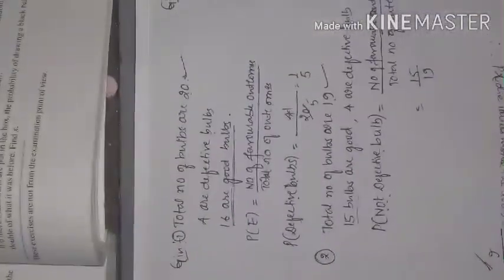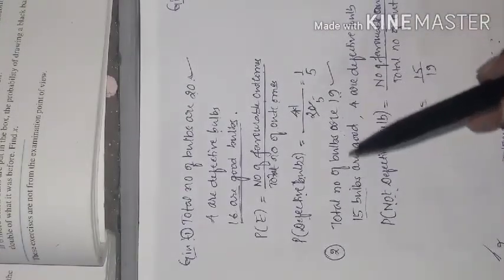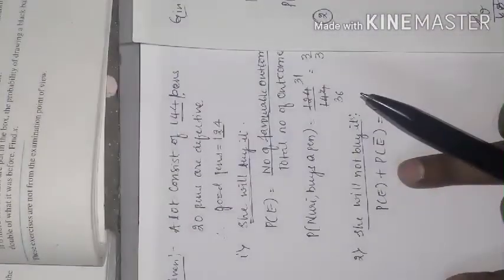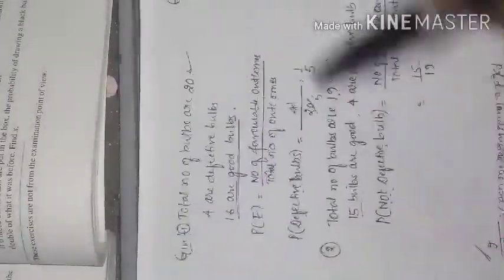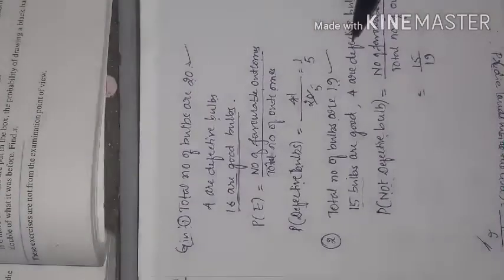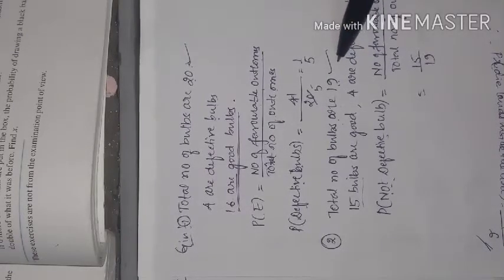But in the 17th question, in the case of the bulb, the total number of bulbs is 19 over there. Because of that we do not use this relation. Here 20 bulbs were there, and after removing one bulb which was not defective, 19 bulbs were remaining.